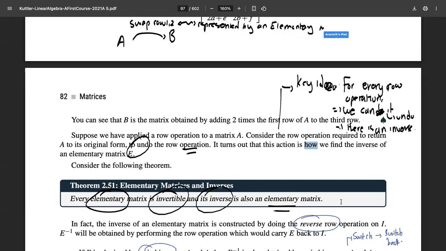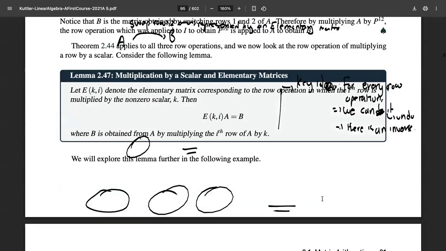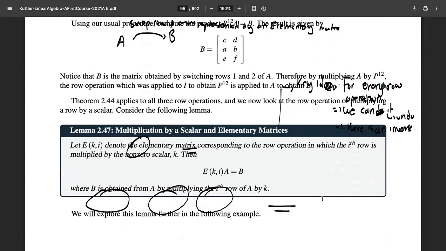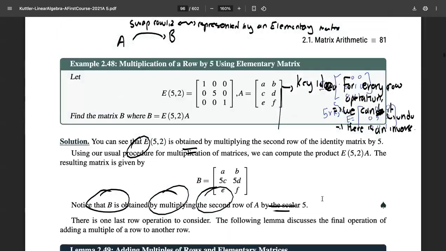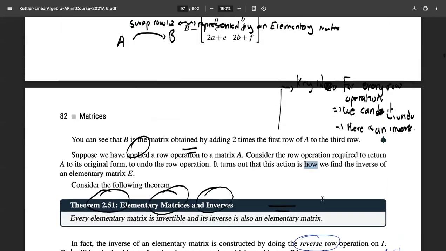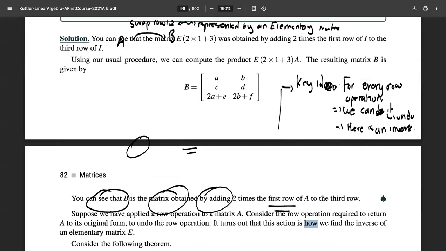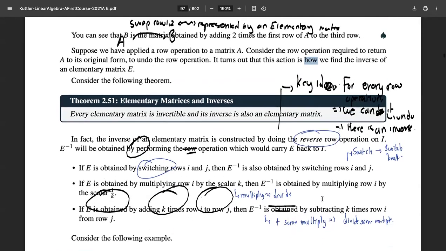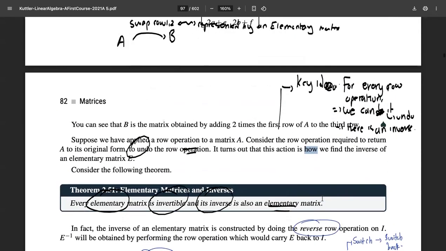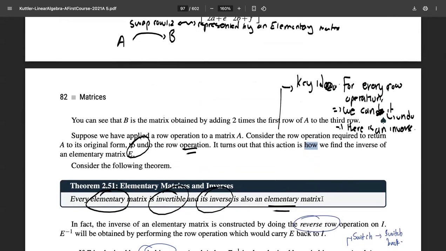I think the notation that we used above was P12, right? So this will be represented by matrix P12.